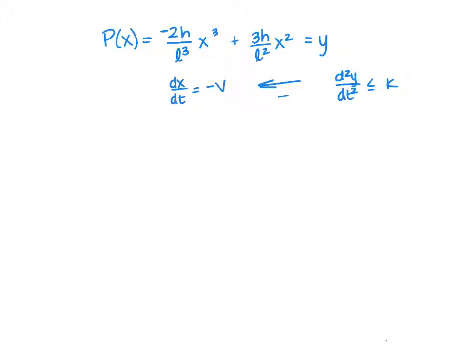Now, this is what we're after, but to get that, the first thing we have to do is take the derivative of this with respect to time, dy/dt. The problem is that we actually have y as a function of x, so we're going to have to use the chain rule.